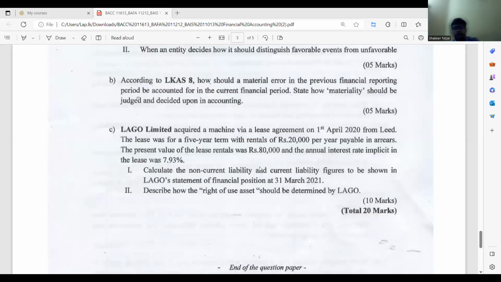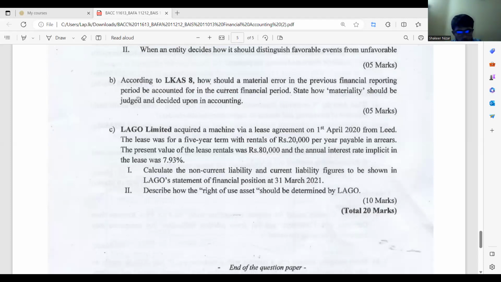Here the question asks: calculate the non-current liability and the current liability figures shown by Lago at 31st March 2021. It means at the end of the first year. What is the non-current liability this year? You can see here, at the end of the first year, the balance carried down amount.